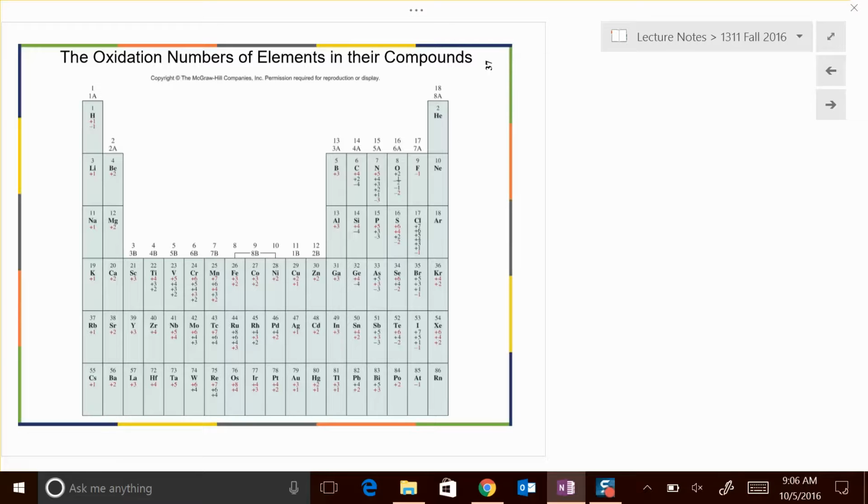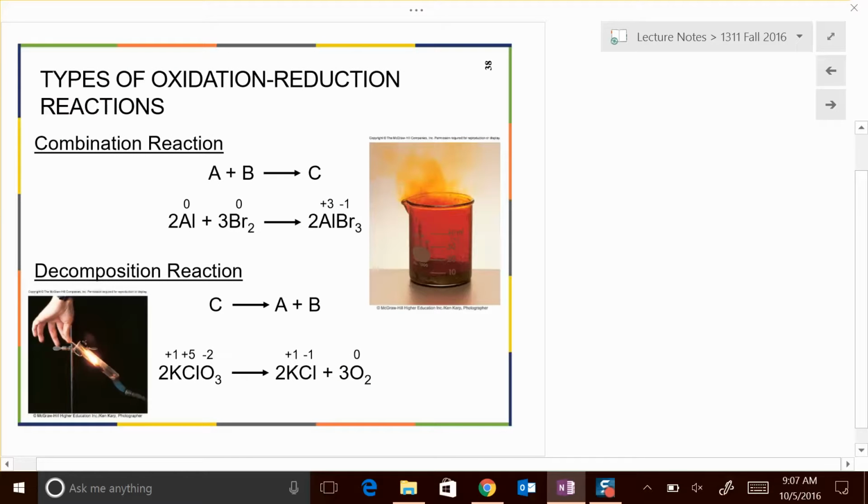So you can't just look at the periodic table and say, oh, I know the oxidation number, except for those few that have a constant oxidation number. Those are the trustworthy ones. Those are the ones that you use to figure out the oxidation states of the other things around it. Okay? And we'll practice that, okay?